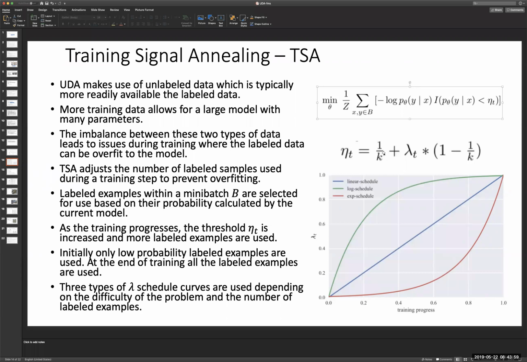So that's 1 over K, like if it's a 2-class problem, it's 1/2. So it begins at 1 over K and ends at 1. And then there are 3 types of lambda schedule curves, and they can be used depending on the difficulty of the problem and the number of labeled examples. So this TSA is an algorithm they developed specifically for UDA to get around the problem of imbalance between labeled and unlabeled data.